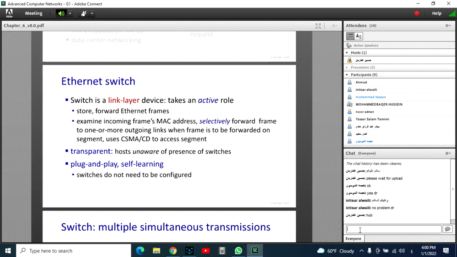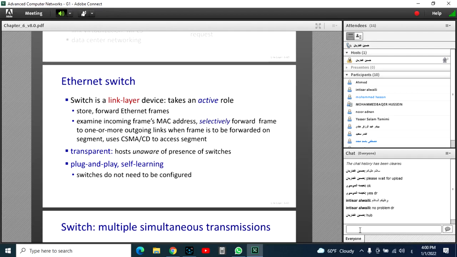The solution is using a switch, especially an Ethernet switch. Ethernet is the most attractive technology in wired networks. It's dominant in wired LANs.